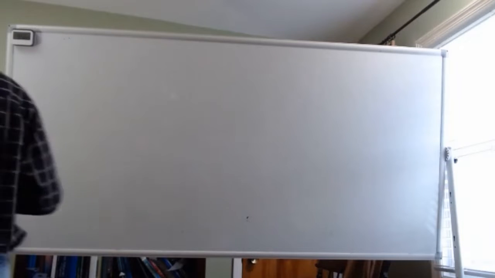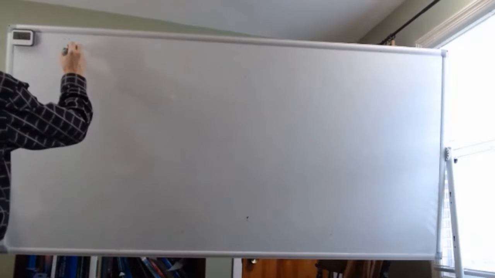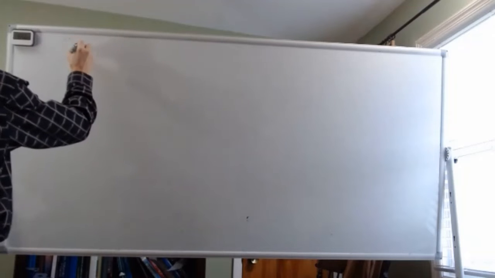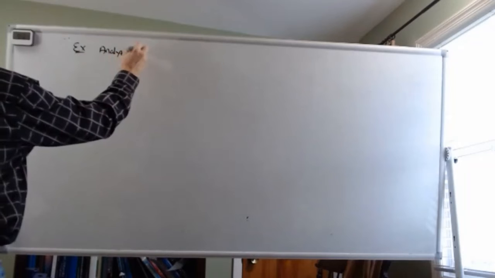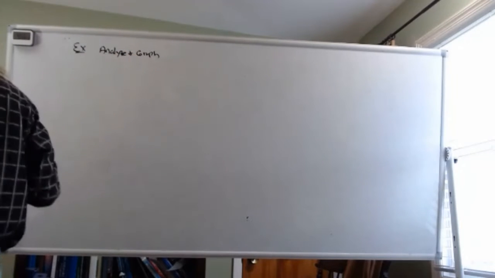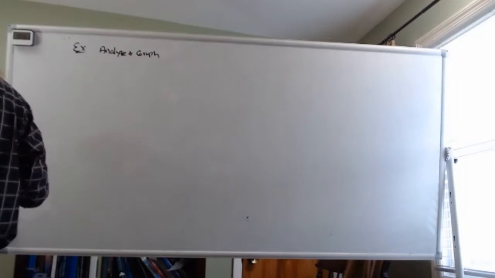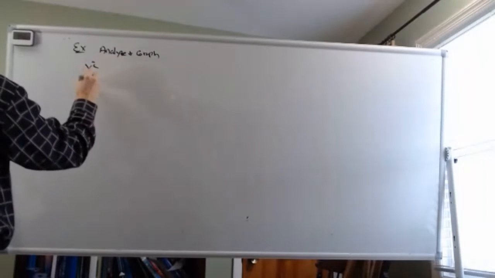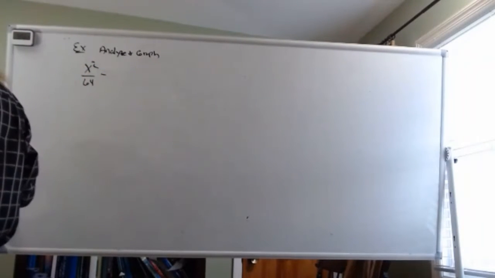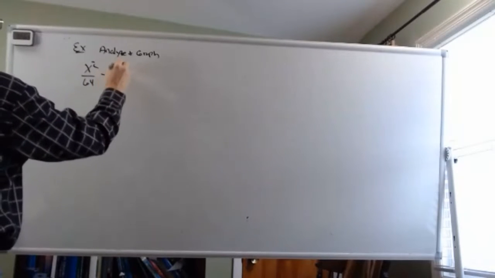So analyze and graph the following. So here's an example of a problem where you analyze and graph this following. So I have x squared over 64 minus y squared over 36 is equal to 1.